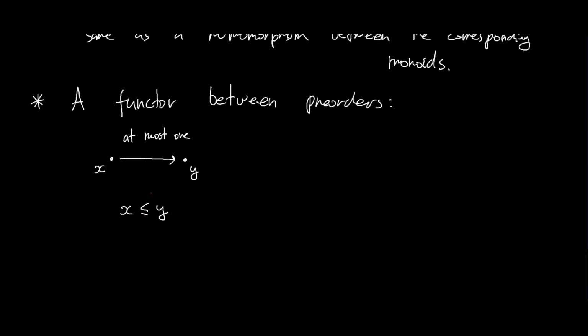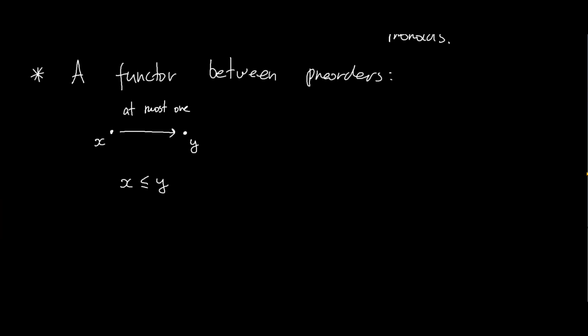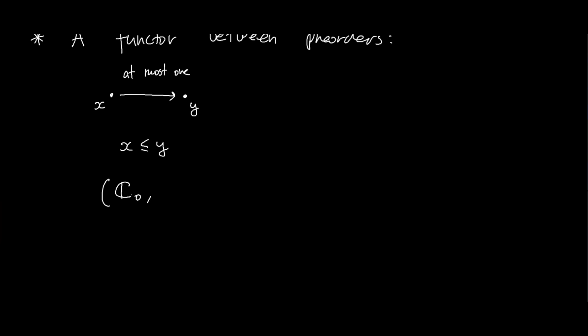From the previous lecture, let me remind you as well that the axioms of category reduce to this relation being reflexive and transitive. So the preorder then becomes a set P, but let's call this set C0 to be consistent with our category theory notation. C0 and this binary relation that tells me whether there is a morphism or not.